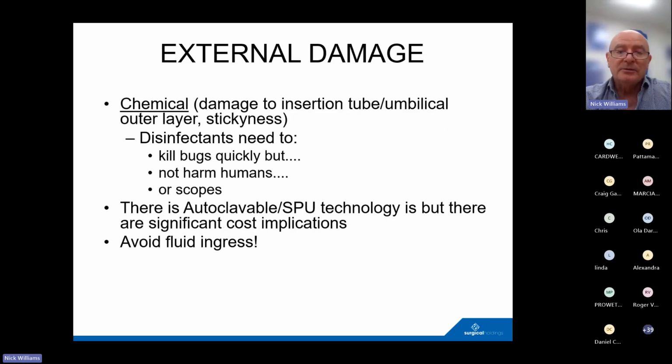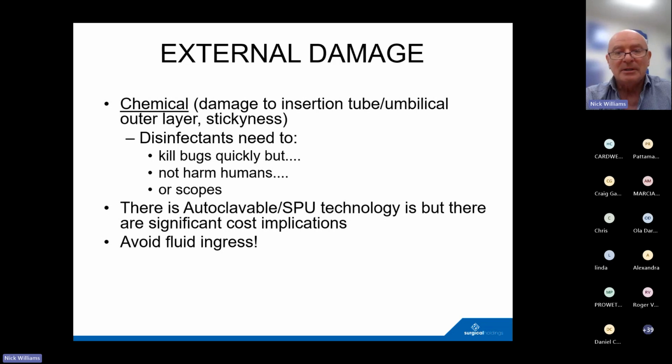But you can also do things with the chemicals, what chemicals you use. There are disinfectants, there are detergents. The disinfectants I have the most sympathy with because they obviously need to kill the bugs, and quickly, but they can't harm humans and they can't harm the materials in the scopes. That's not an easy thing to design.